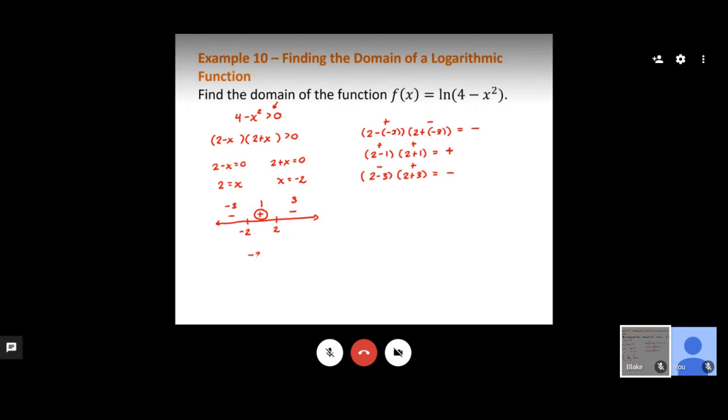Perfect, right? So -2 to 2. And in this case, because it's strictly greater than 0, not greater than or equal to, we are not going to include those endpoints. And so our domain for this one is only from -2 to 2, not including -2 and +2.